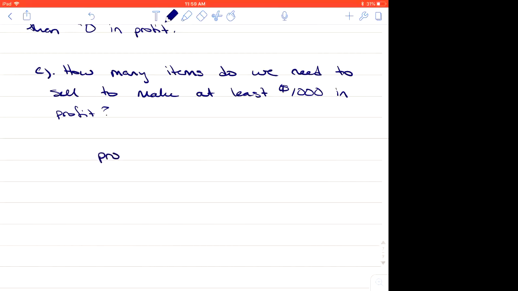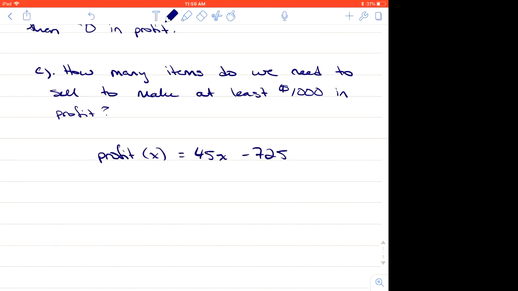So we remember our profit function again. Our profit of x was 45x minus 725. Just always writing out our formula that we're working with, fill it in, solve it.